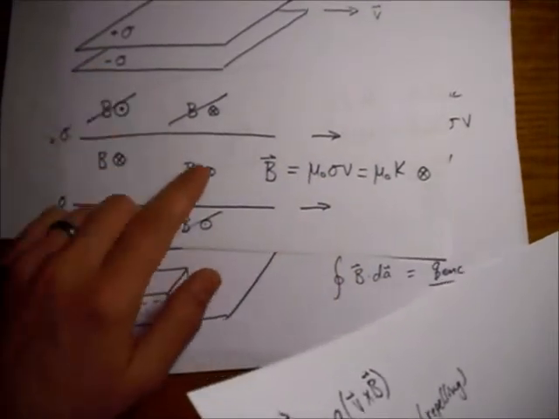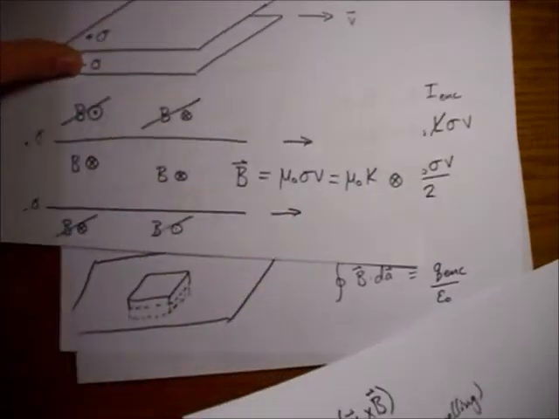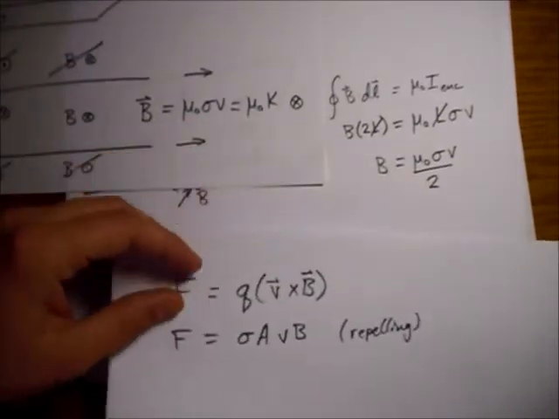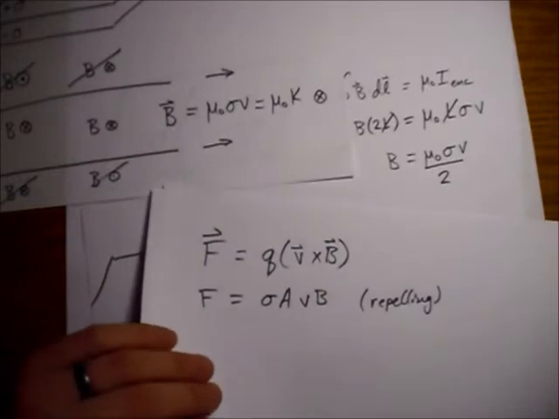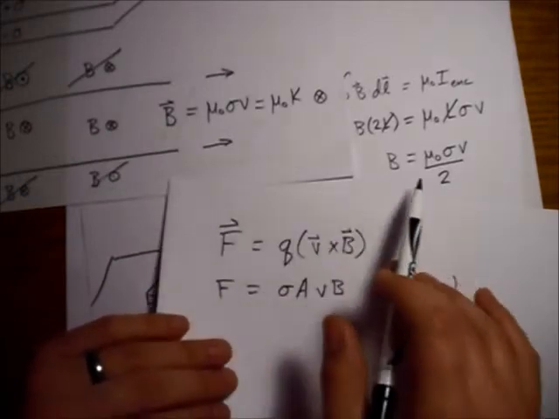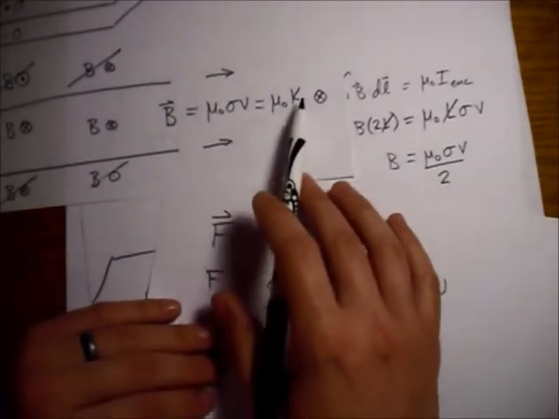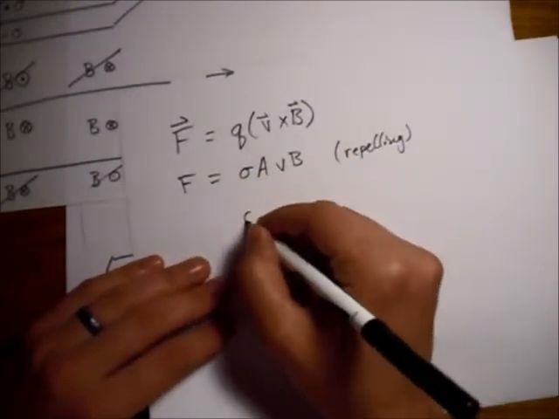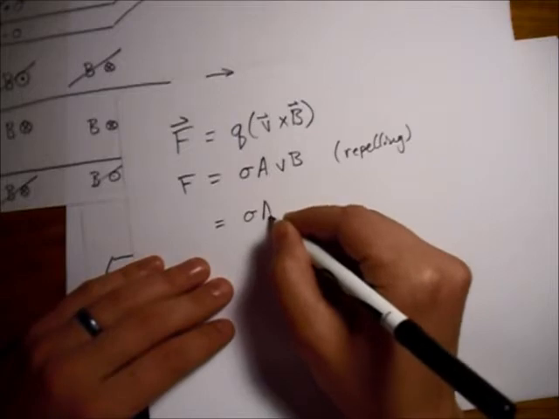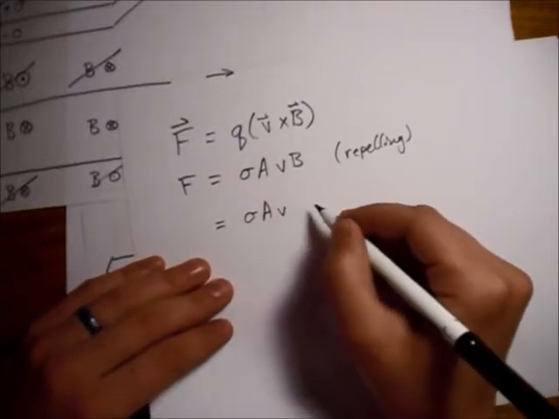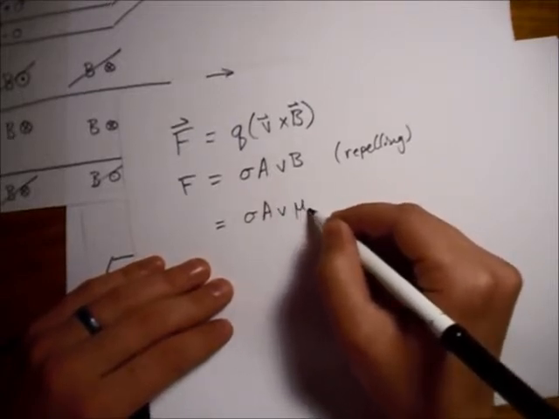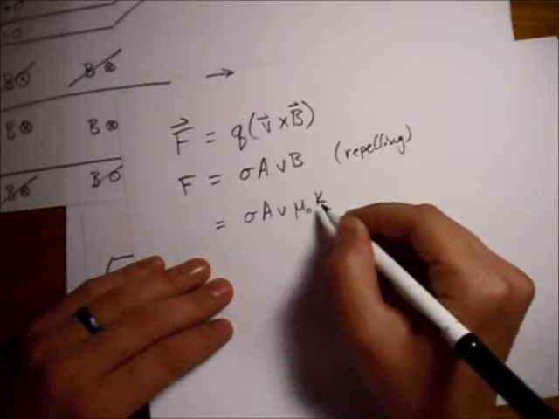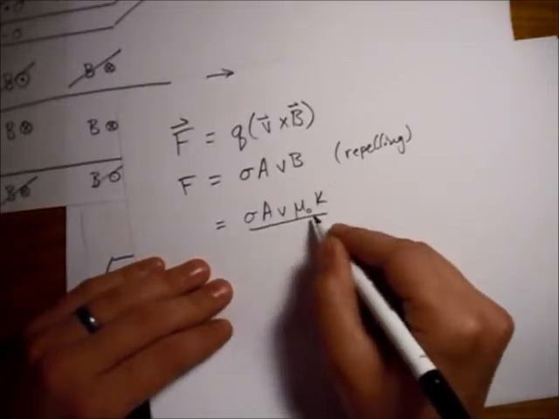We only look at one of these, not the other one. So it's what we found right here, or in other words, mu naught k divided by 2. So we have a sigma A V and then mu naught k divided by 2.